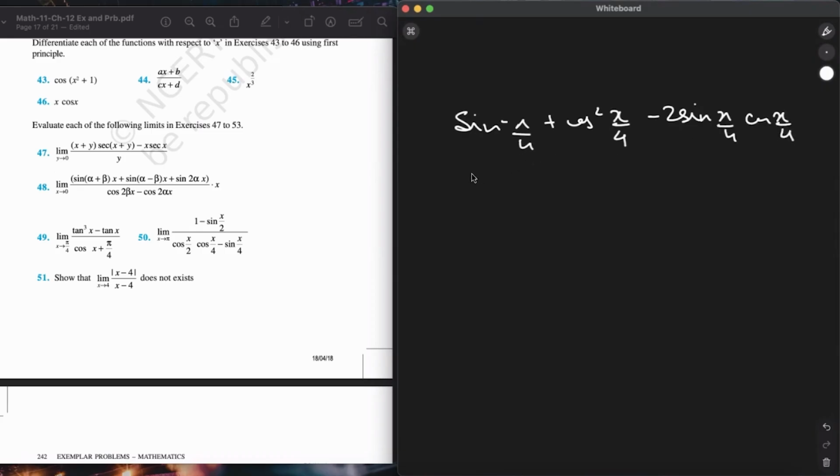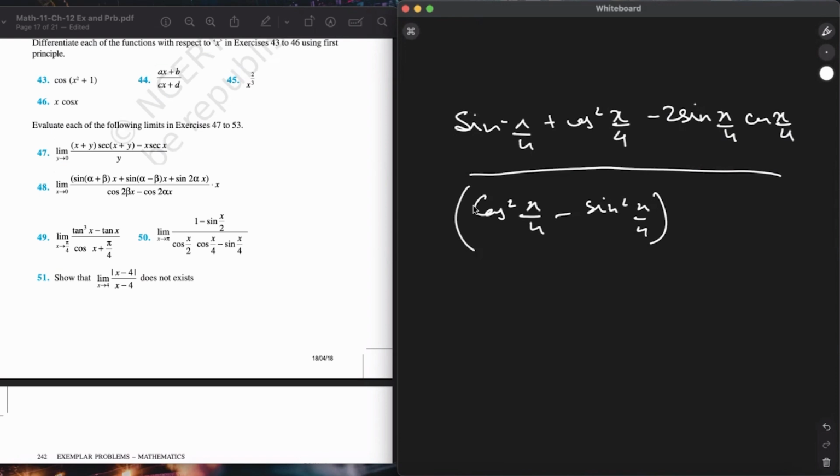And in denominator, what did I have? In denominator, I had a cos square x by 4 minus sin square x by 4, and the whole thing multiplied with cos x by 4 minus sin x by 4. So there's a larger term over here. I'll just put in that value. So now this whole term over here, this will return a value for what?